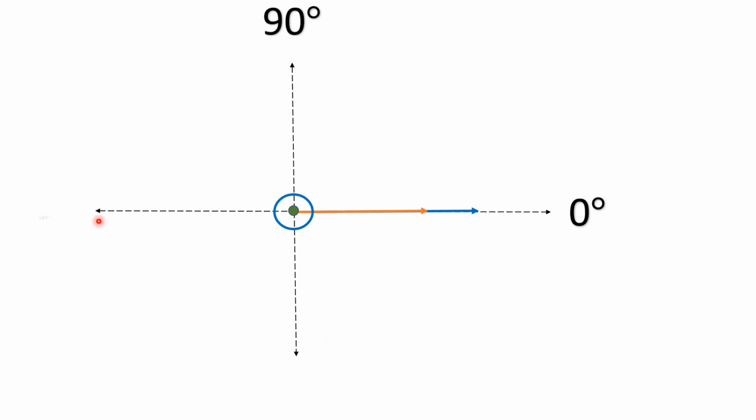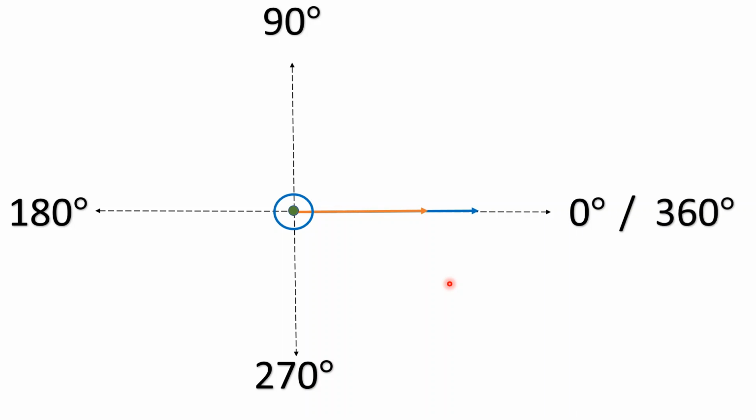Second part 90 degree to 180 degree. Third part 180 degree to 270 degree, and fourth part is 270 to 360 degree. Each part is 1/4 of 360.